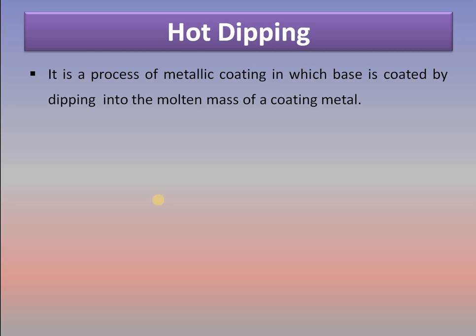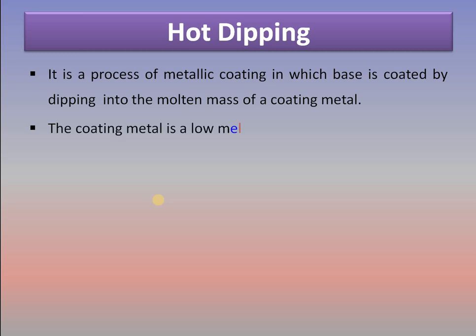The metal on which coating is desired is called the base metal, and this base metal is immersed into a molten mass of a coating metal to obtain a metallic coating. This process is called hot dipping.